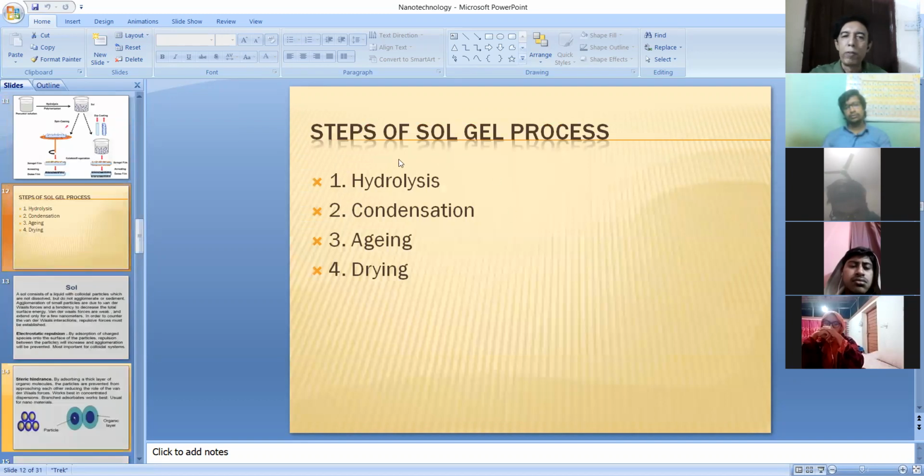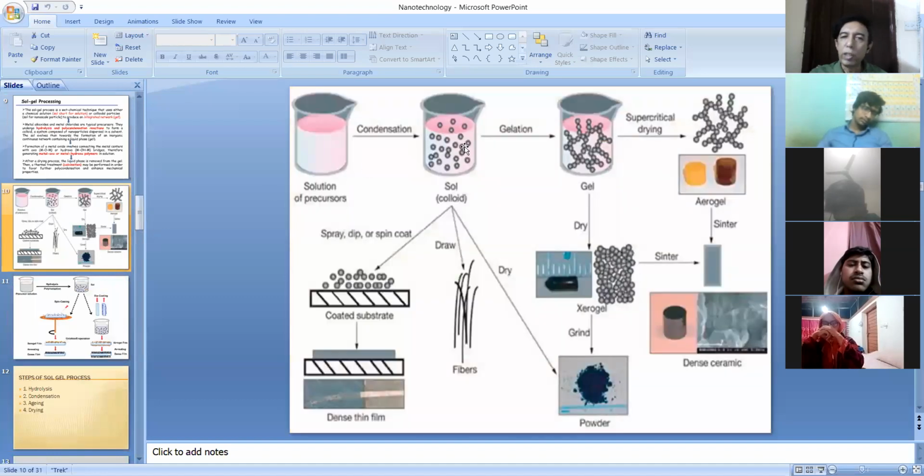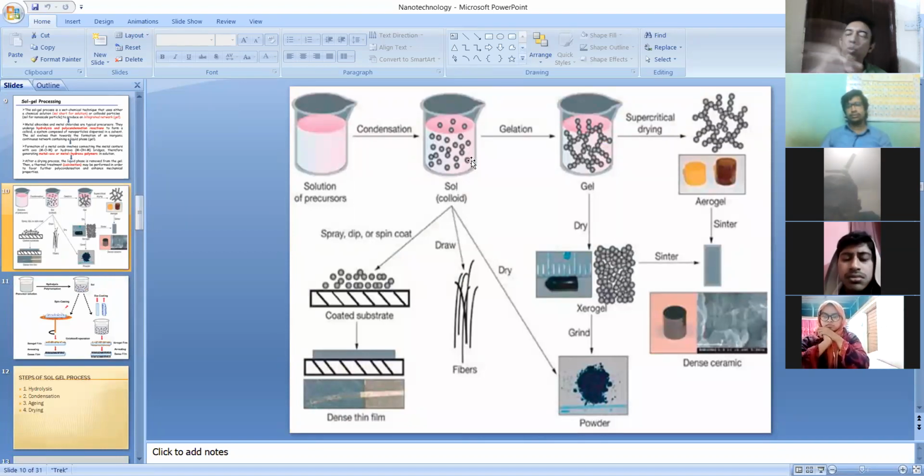First one is hydrolysis, and then condensation, and then aging. That means sol is produced. I have shown you that these are the sols. The molecule with two silicon atoms, it is the sol.